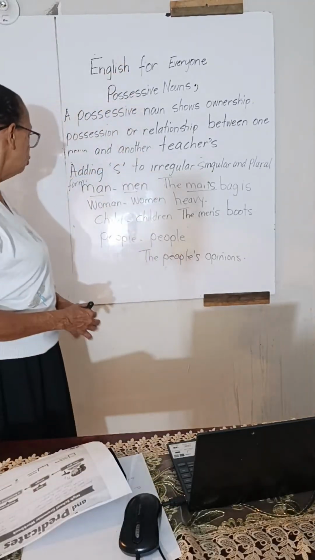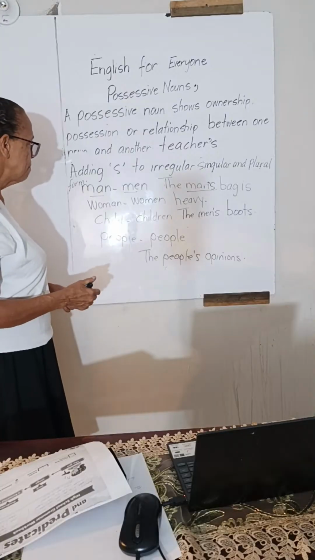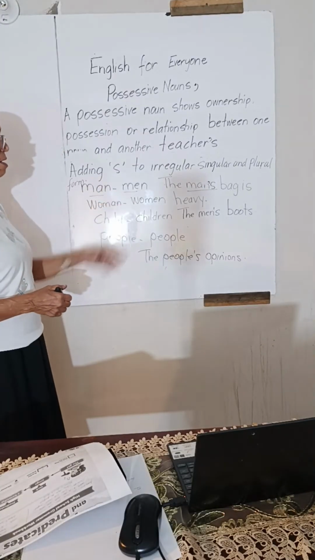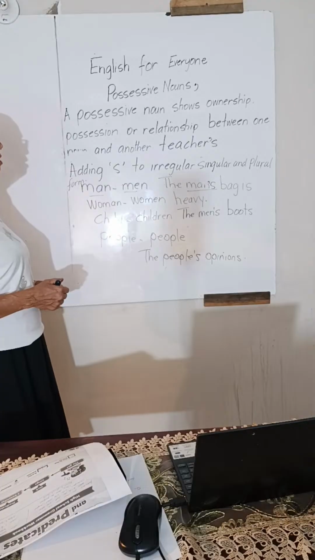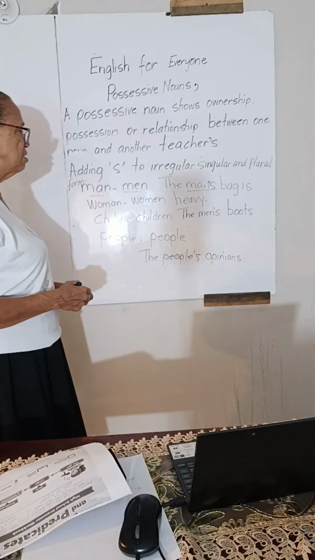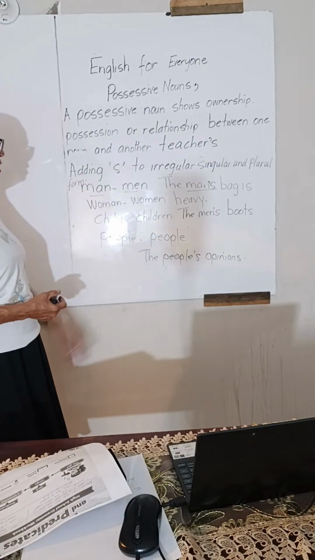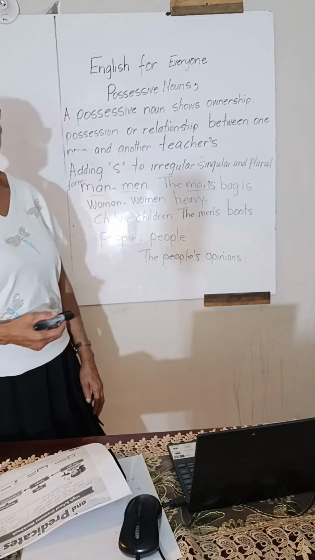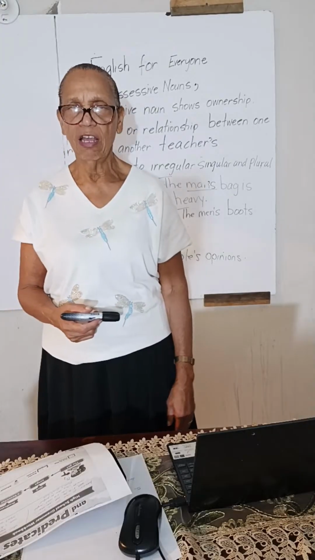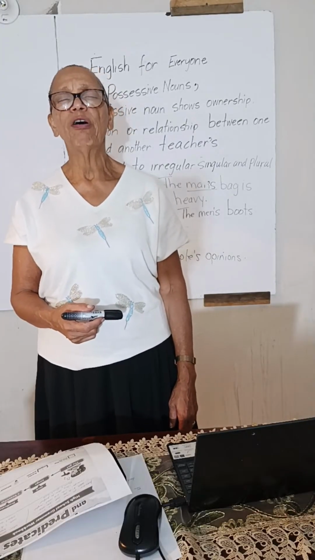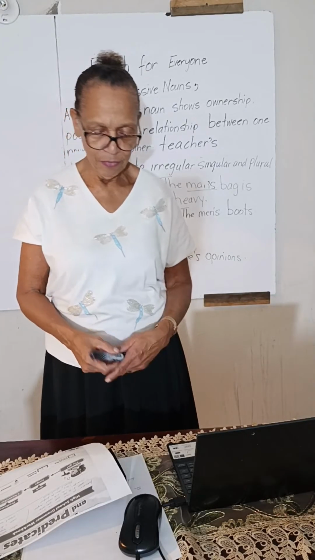And that's rule number 4. So it's men's cars, child's book, people's opinion. So those irregular nouns, you put the apostrophe on the inside.